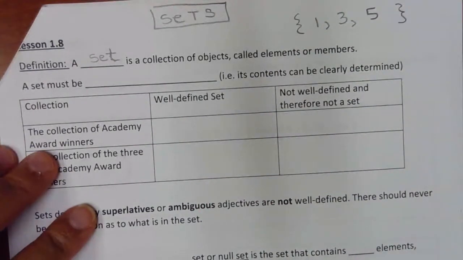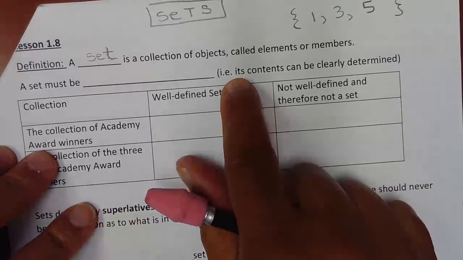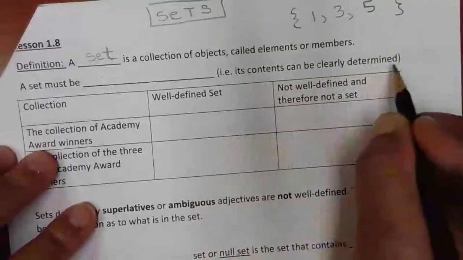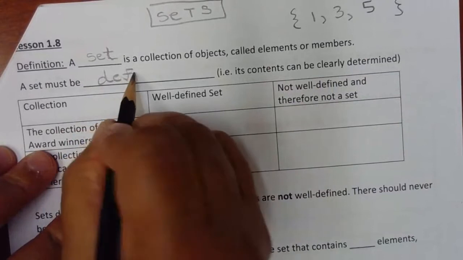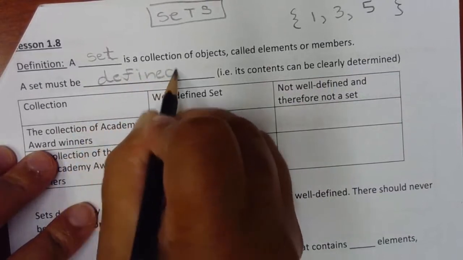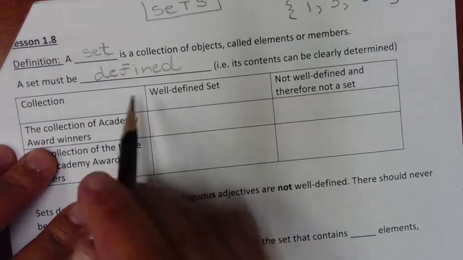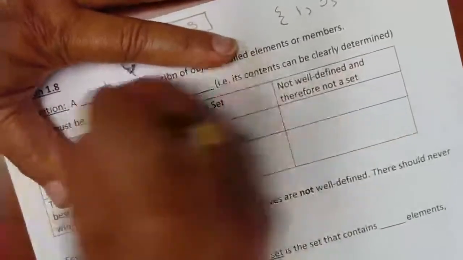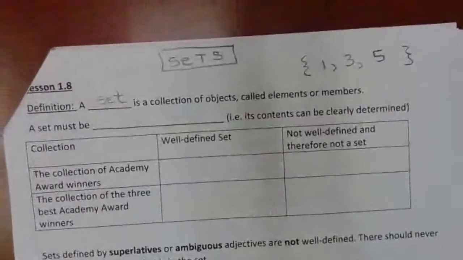Okay, let's see. So a set must be well-defined. In other words, its contents have to be clearly determined. We have to clearly know what is expected to be in a set, or else we can't create the set properly.